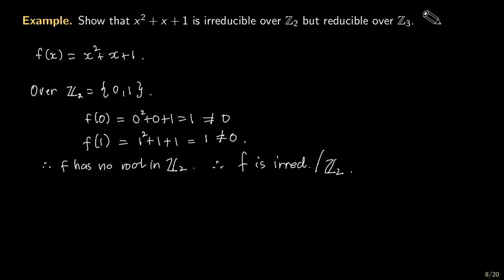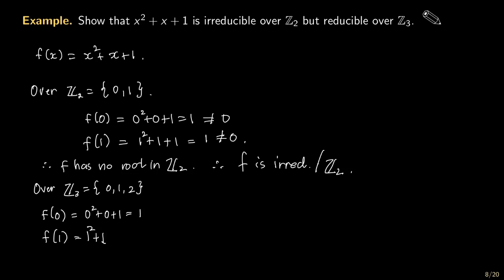But notice that over Z sub 3, we have a different situation. Let's see why. If we evaluate f of 0, we get 0 squared plus 0 plus 1, which is still 1. F of 1 is 1 squared plus 1 plus 1.